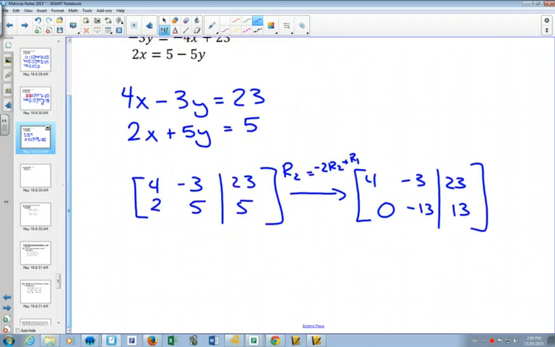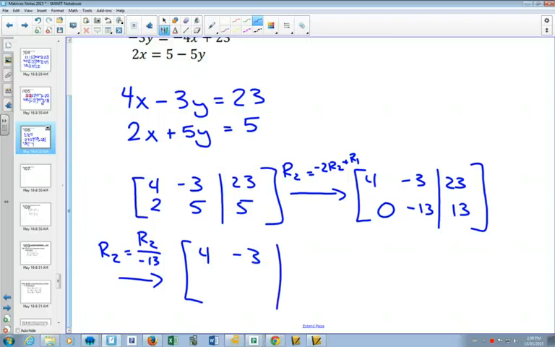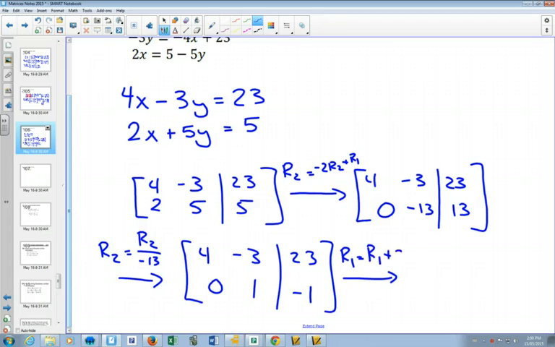Then I can get that to be divided by negative 13. And now I already know that y is going to equal negative 1. Now I can get row 1 to equal row 1 plus 3 row 2's.